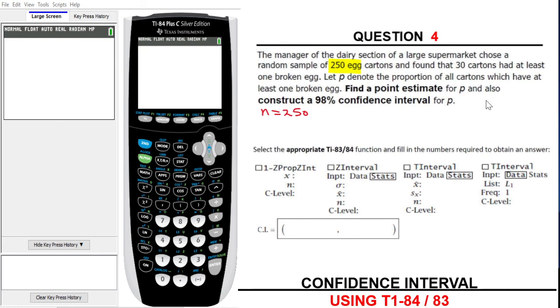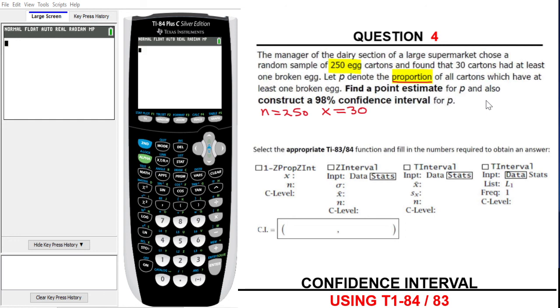So for that reason, this falls under proportion. What they found out from the 250 is that 30 cartons had at least one egg that was broken. Luckily, a lot of proportion questions give away the keyword proportion, and the question is mentioning the word proportion, which confirms that this is a proportion question.